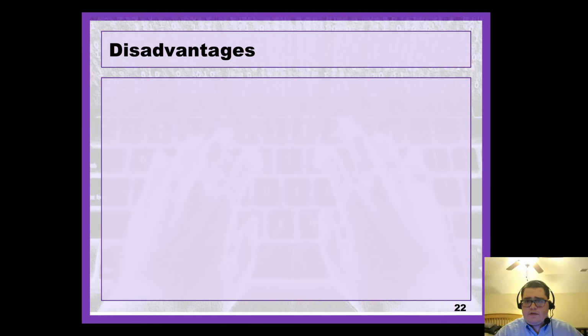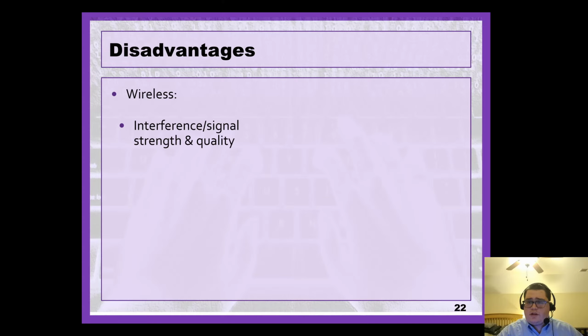Disadvantages of a wireless network include interference and signal strength / quality. This goes along with the previous point. As you get further away from the wireless router or access point as well, you're going to have less signal strength and therefore probably lower quality, lower speed.